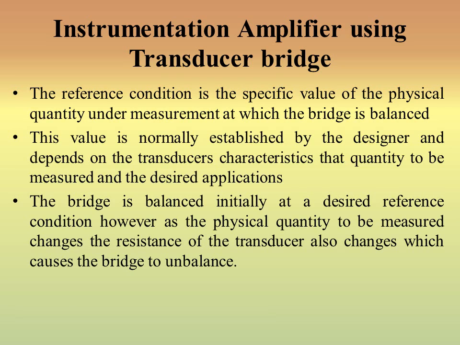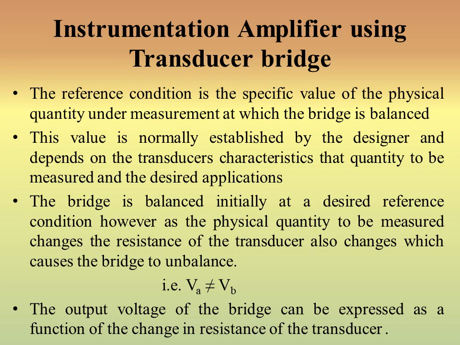But when there is a change in some physical quantity parameter, the resistance of the transducer changes, and this makes the bridge unbalanced. So in that case, VA is not equal to VB. For a balanced condition, VA equals VB.